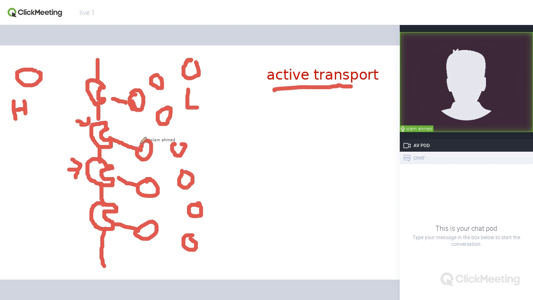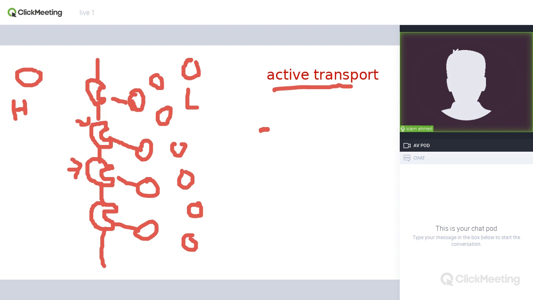So that's the meaning of saturation here. If all the carriers are occupied, the process will cease until a new free mediator or carrier is available.